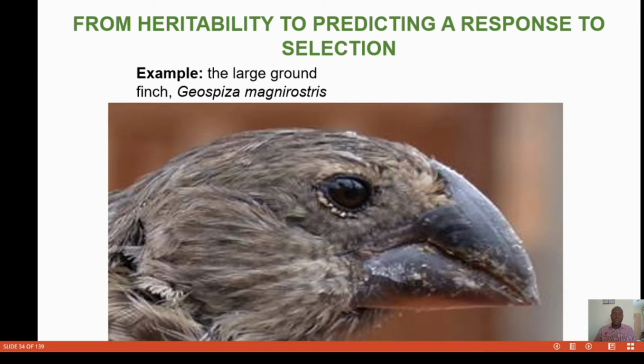So now that we've talked in very basic format about heritability, we want to walk from there to predicting a response to selection. And we will use this particular example of a bird.